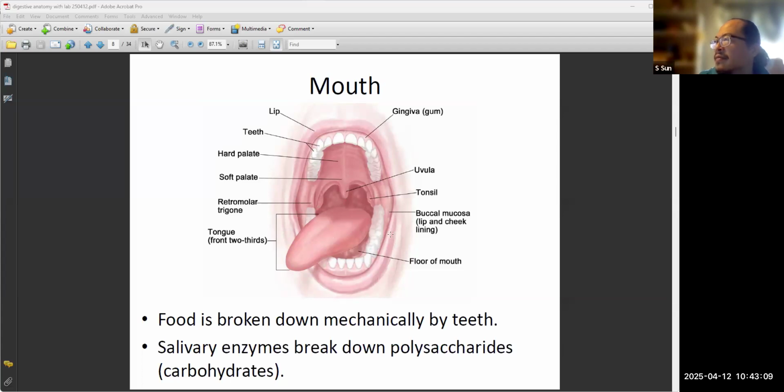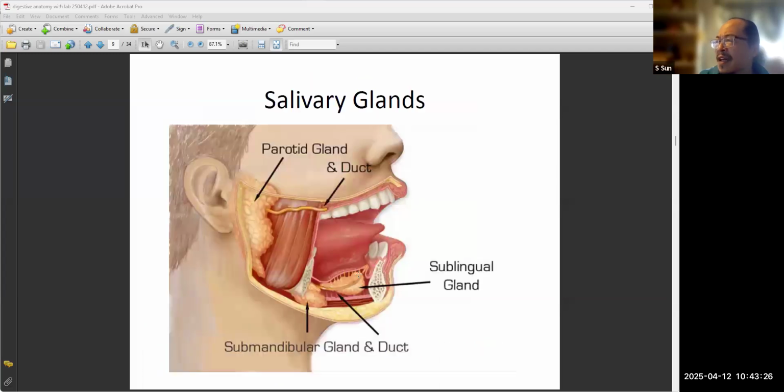Then there is the buccal mucosa, so basically just a mucosa. Then the floor of the mouth. So that is the mouth. It has the saliva. So those are the three major salivary glands. You have the parotid gland, very back.